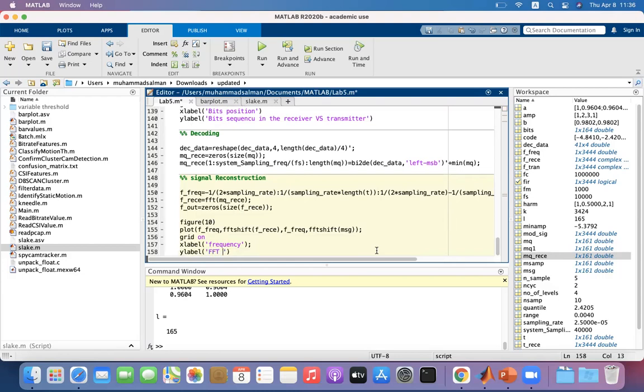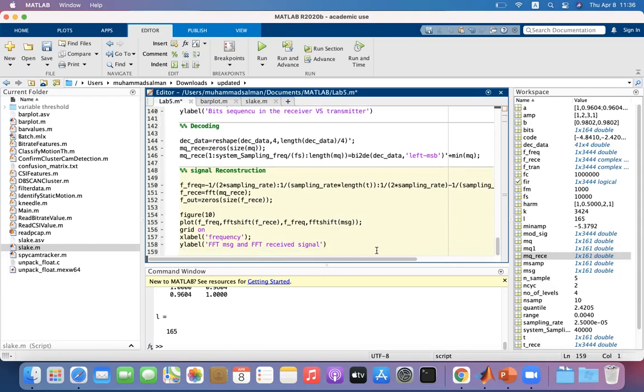So this is FFT of message and FFT of the received signal. And I can also differentiate it with the legend. So I hope you all already know these things now because we are frequently using it. So the first one is belonging to the bit sequence in the transmitter, bit sequence in the receiver. This is bit sequence in the receiver, right?